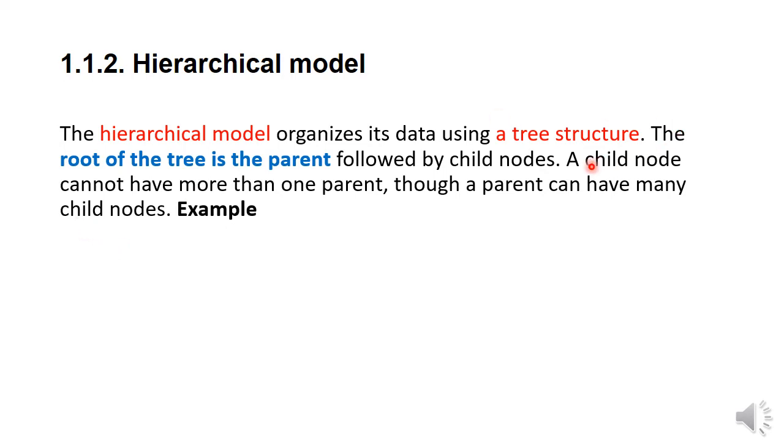But each child node must have only one parent. So no child node is allowed to have many parents. This means that in this hierarchical model, we have only one parent and many children.